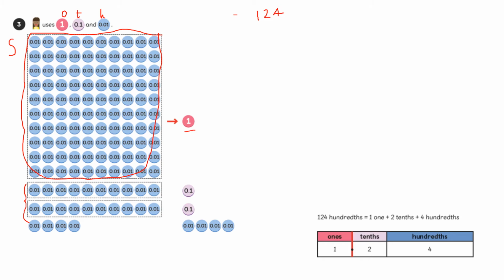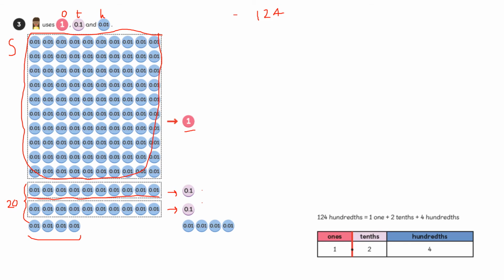Now down here as well, we know that altogether we're going to have 24 hundredths left, because remember we were working with 124 hundredths originally. That was Ruby's original bunch of counters, but Simone decides to break that down even more using smaller counters. So she knows that if she has 10 of these hundredths counters, that's also going to be the same as one of the tenths counters. So because she's got 20 of these hundredths counters, she now breaks it down into 2 of those tenths counters.